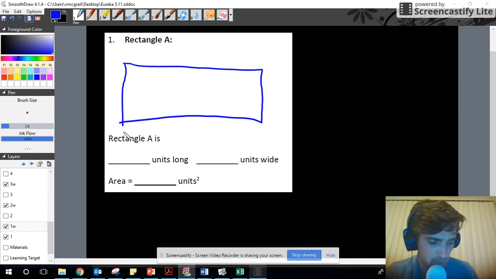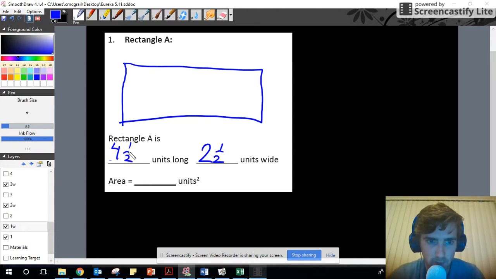The first problem for problem A is actually going to be 4.5 units long and 2.5 units wide. So this is a lot like yesterday's lesson, except now we have two mixed numbers in both the length and the width.